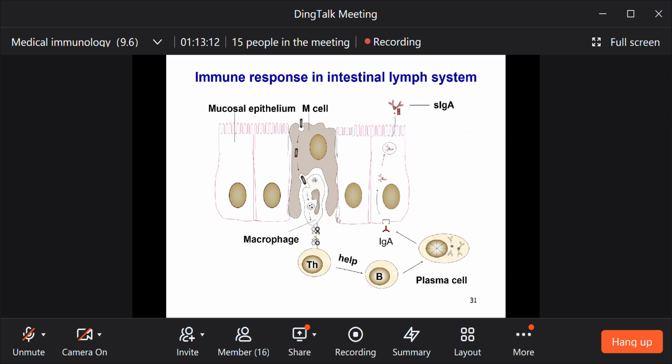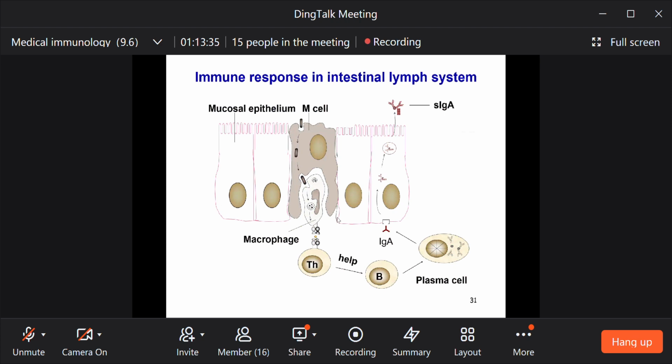Here the big cell, the red line showed, is the mucosal epithelium. And among the mucosal epithelium, the M cell is located there.